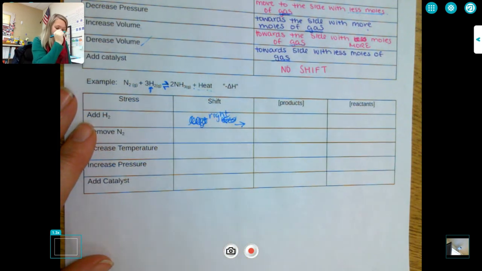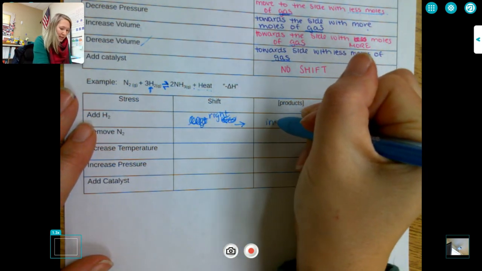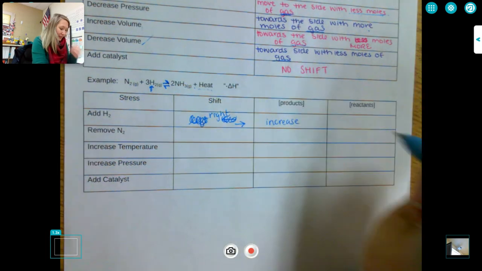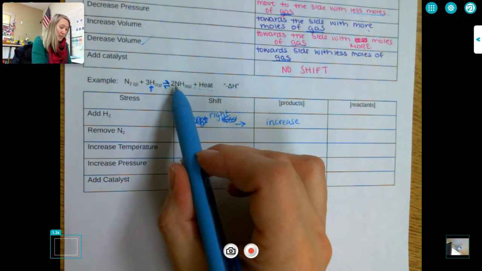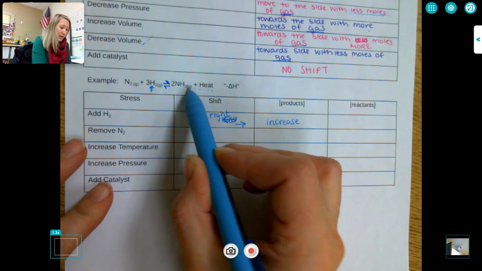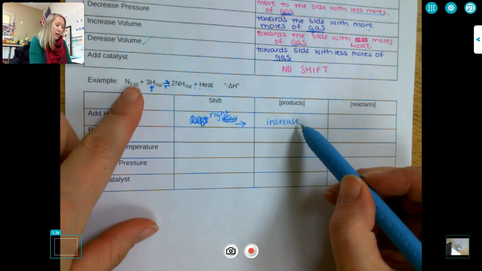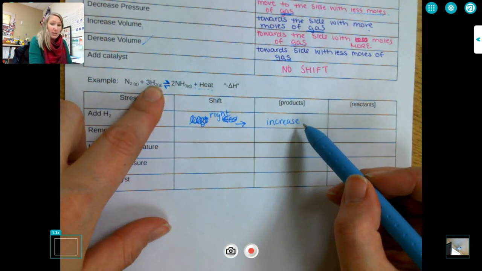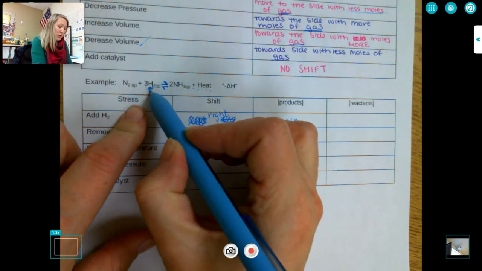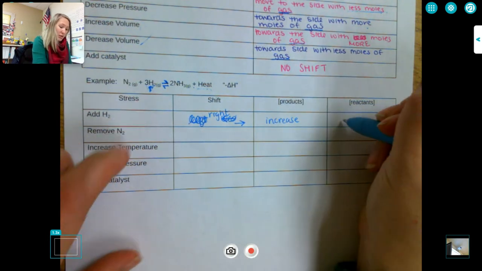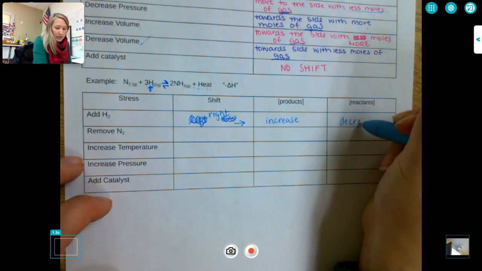So when I shift to the right, that is going to increase my number of products, so the concentration of my products is going to go up. And because I've added too much of this and I need to make products to use it up, my concentration of reactants is going to decrease.